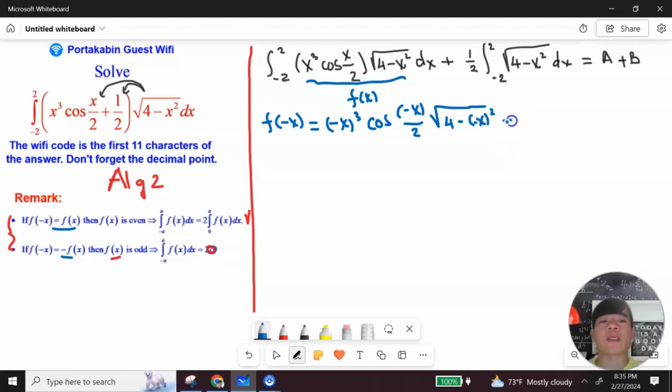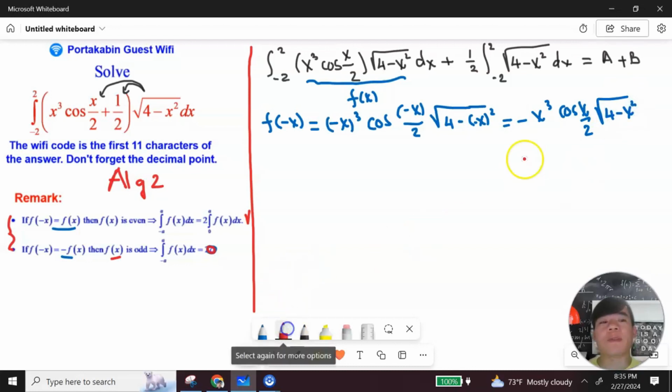It turns out to be negative s cubed right here, because cosine is an even function. So cosine of negative s should be cosine of s, so this is cosine of s over 2. Now negative s squared should be s squared, so it should be root 4 minus s squared.